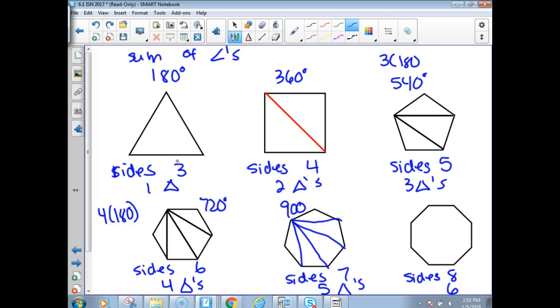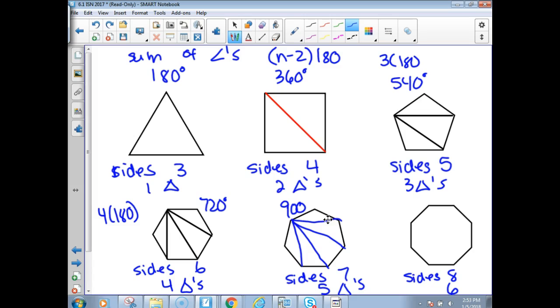How does the number of sides and the triangles formed compare? All right, say that loud, Bryson. You subtract 2 from the number of sides, n minus 2. Okay, and then what are you going to do to that to get the total? What were we doing every time? Multiply by 180.